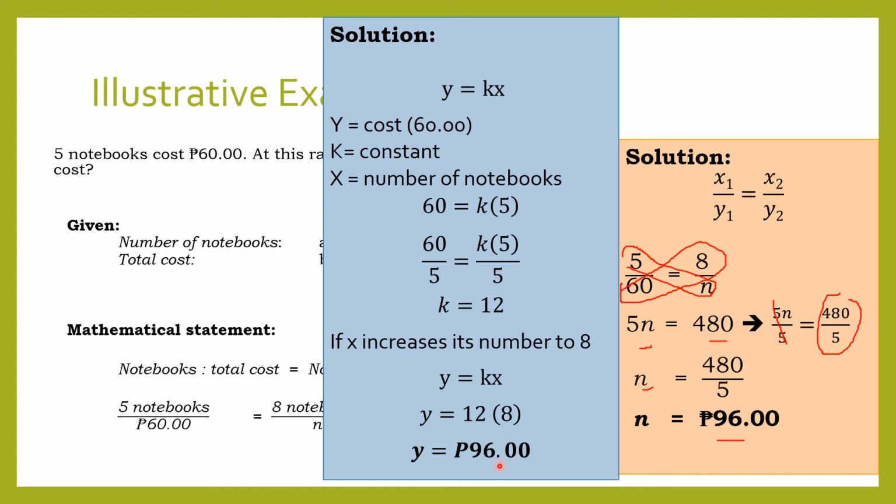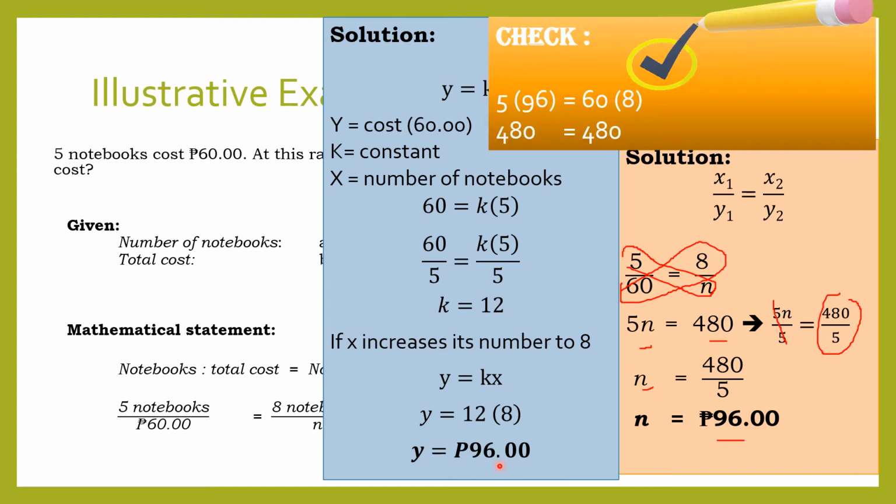Now let us check if our answer is correct. 5 times n, where n is 96, is equal to 60 times 8. So both sides are equal to 480. So that means our answer is correct.